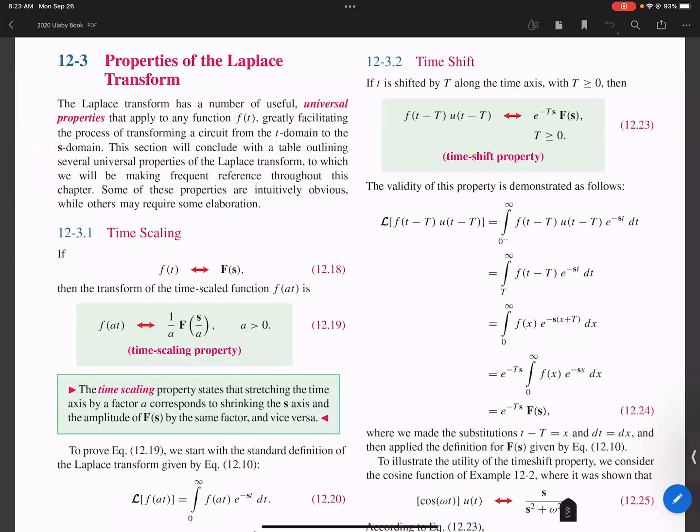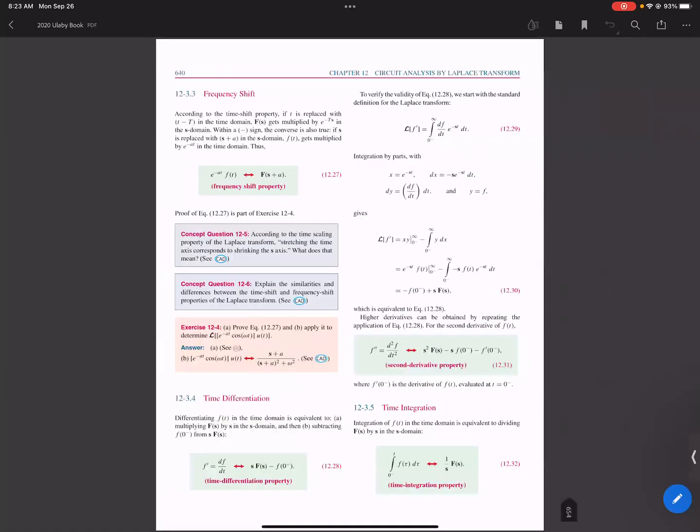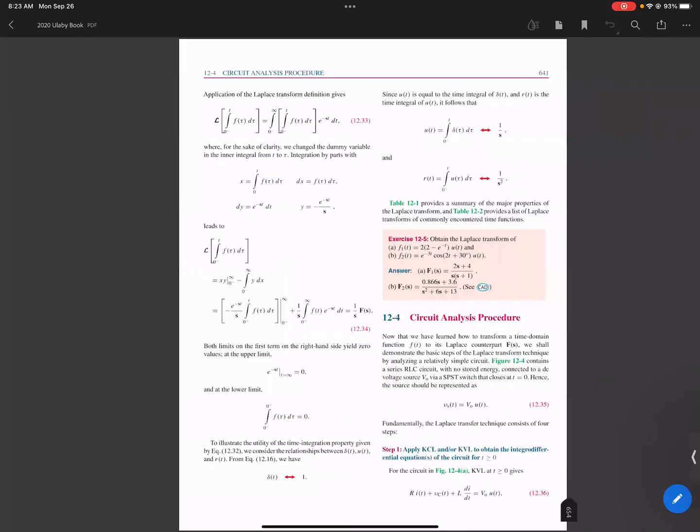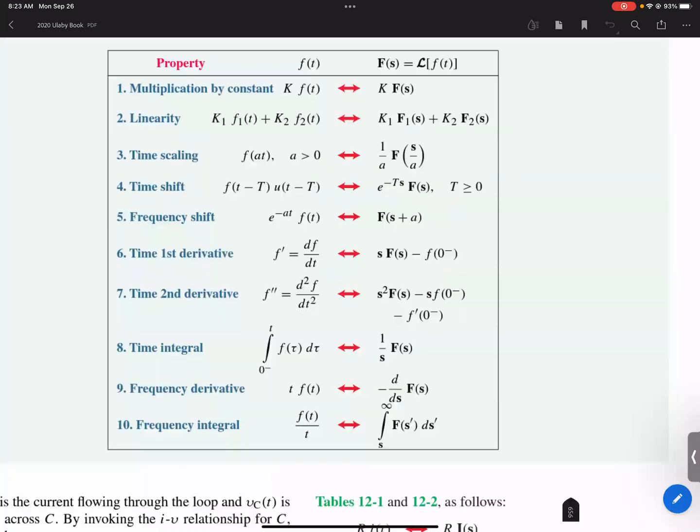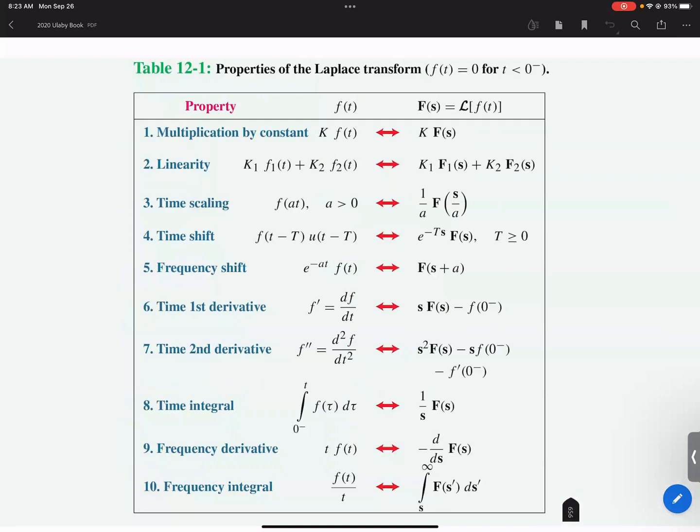So if you have any questions like where did they come from, we're going to look at more applying all of these. So just know that they're in the book, and then we're going to use more the table of these. So for multiplication by constant, it's just a multiplication in the S domain. If you have two functions that you're adding, they just translate into the S domain as K1 F1 of s plus K2 F2 of s.